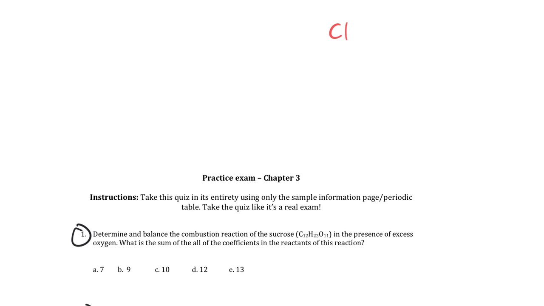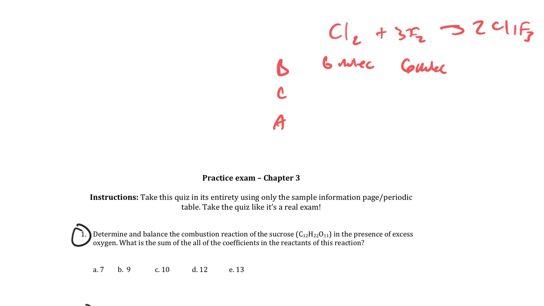But if you're thinking of the Cl2 plus 3F2 goes to 2 ClF3, if you were setting this up as a BCA chart, you could have put the 6 molecules in here, and the 6 molecules in here, and then minus x, minus 3x, and then 0 plus 2x.